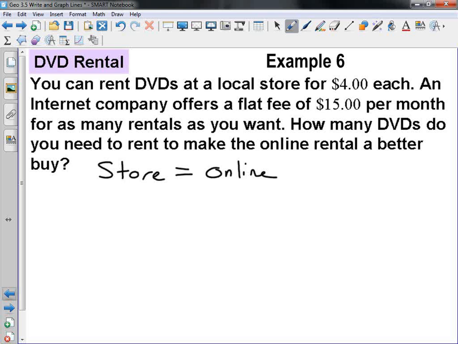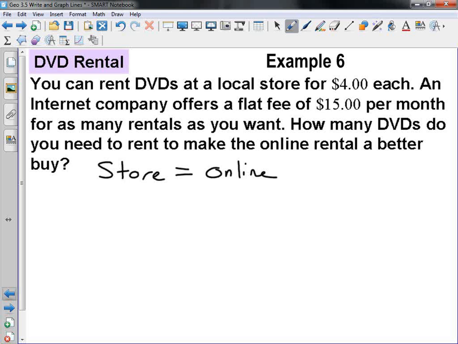I think when we set it up, it's going to be in standard form. So store is going to be equal to online. What's it cost in the store to rent? $4 per movie. How many movies are you going to rent?